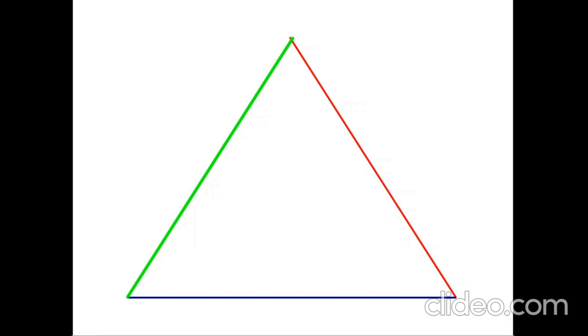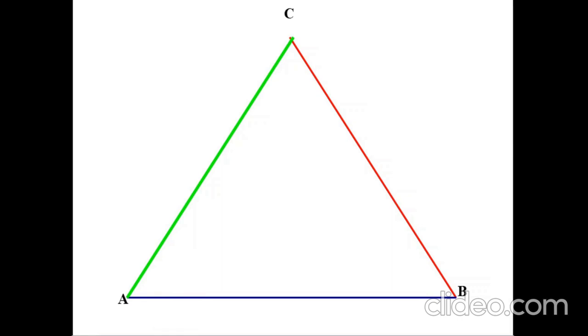In the last session, I had asked you to draw the triangle, and the phase diagram for ternary systems, that is for three-component systems, is represented using such a triangle. Now, after drawing this, we had labeled the vertices.